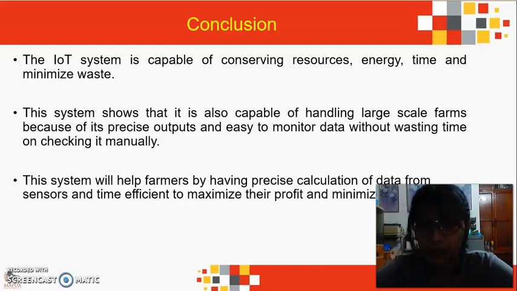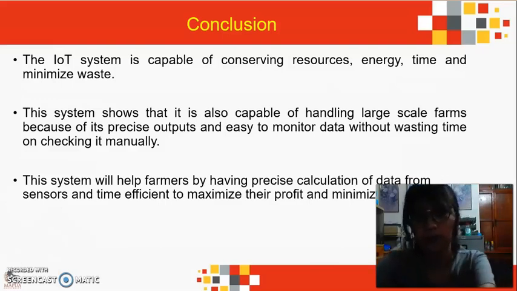This system will help farmers by having precise calculation of data from sensors and being time efficient to maximize their profit and minimize their loss.